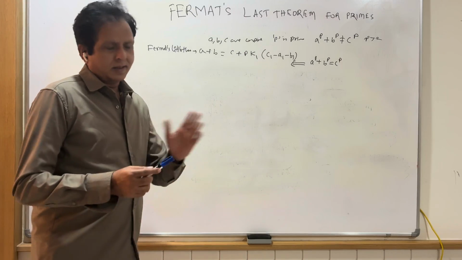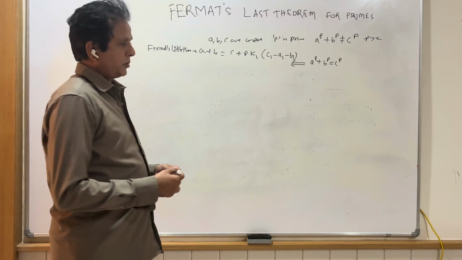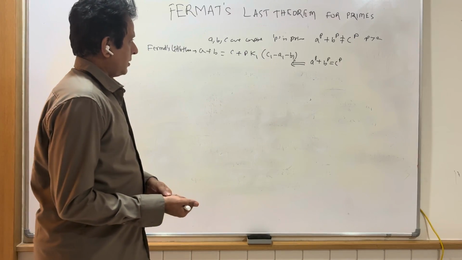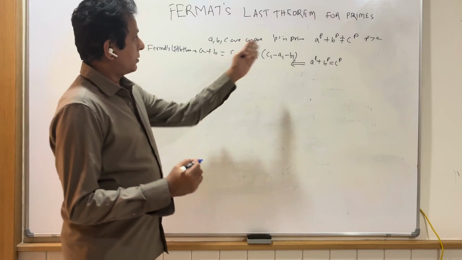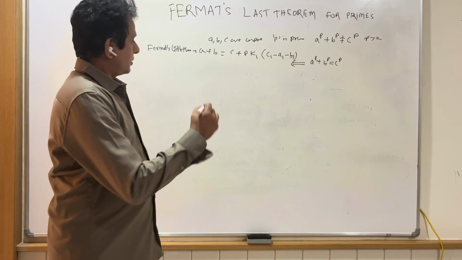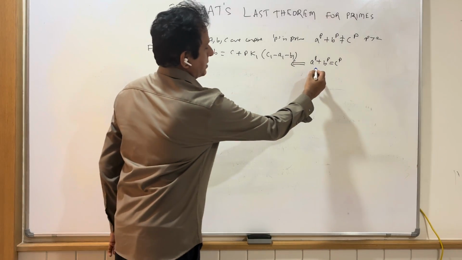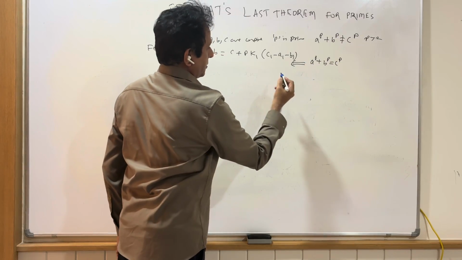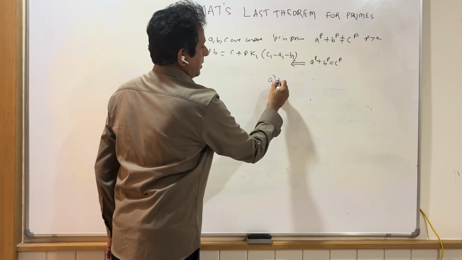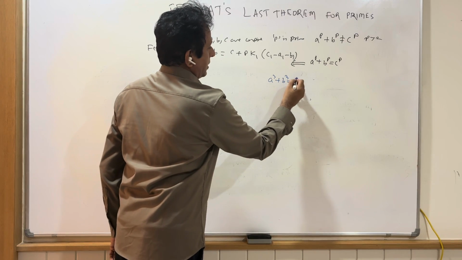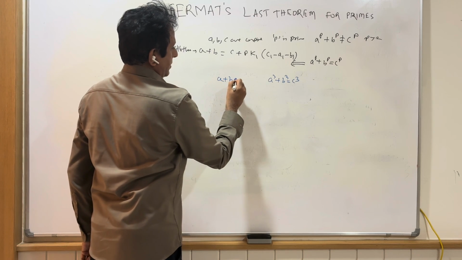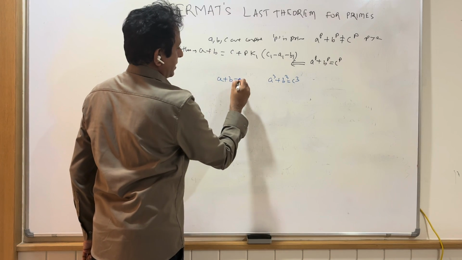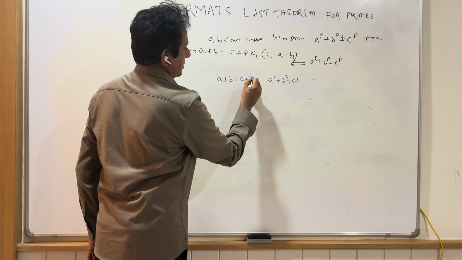Okay, so in my previous video we discussed Fermat's last theorem for the proof of p equal to 3. If a cube plus b cube is equal to c cube, we know from Fermat's split theorem that actually a plus b is like c plus 3k1.